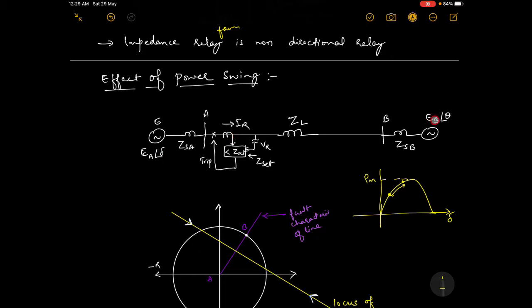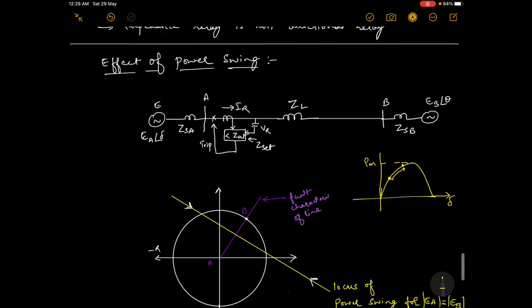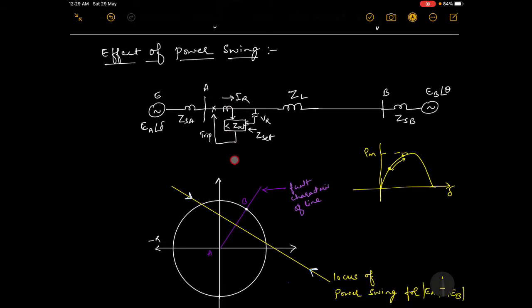During stable operation, the relay has no problem, it will operate normally. But when there is a large power variation, there will be a power swing, and that power swing is nothing but variation in delta and theta, right. So they have to come back to their original position, and it will take some time.